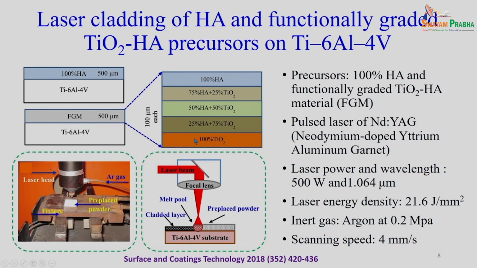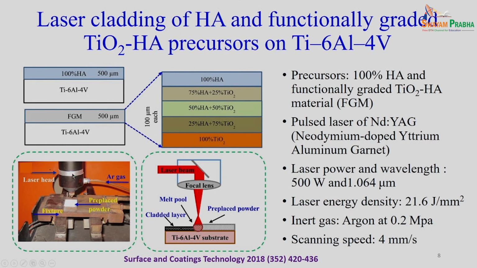Initially the first layer was 100% TiO2, then 25% HA, 75% TiO2, then 50% HA, 50% TiO2, 75% HA, 25% TiO2 and then 100% HA. These are the 5 layers. So, total thickness in both the cases was the same.